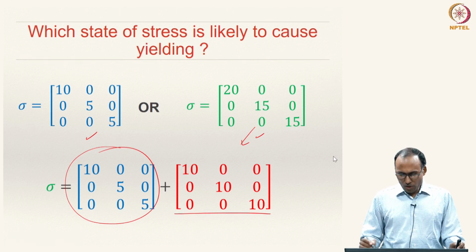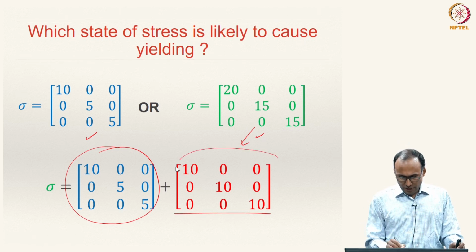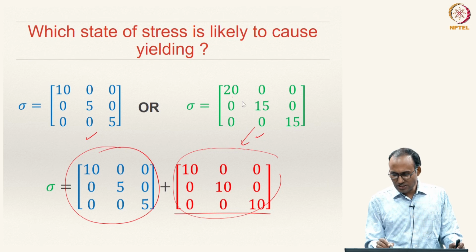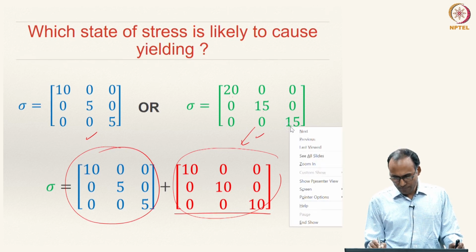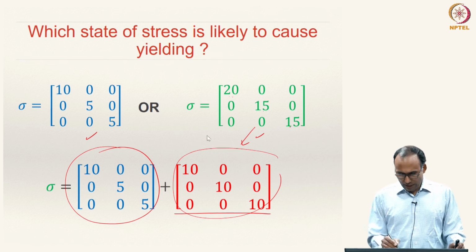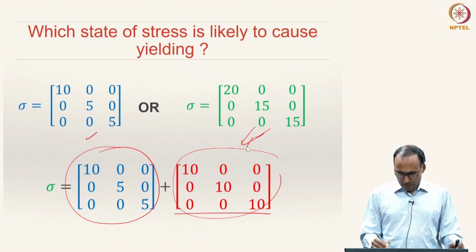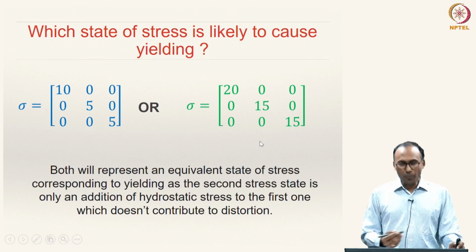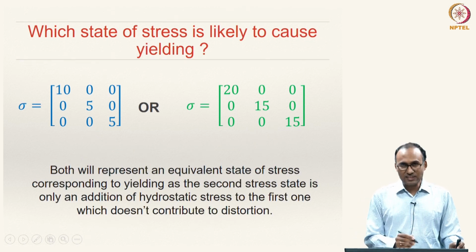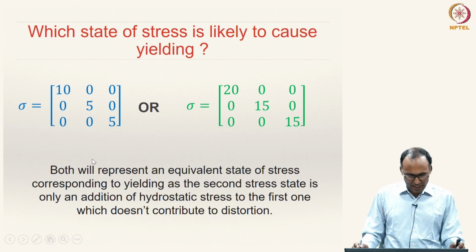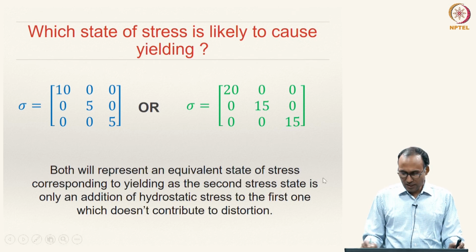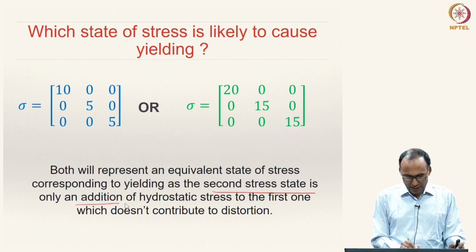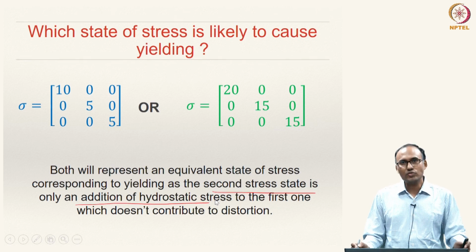right. So, you can clearly say this is 20 plus 15 plus 15, 50, right. So, you can write it like this, and as a result both will represent an equivalent state of stress corresponding to yielding, as the second state of stress is only an addition of hydrostatic stress to the first one.